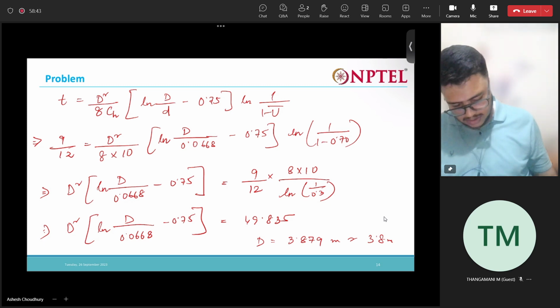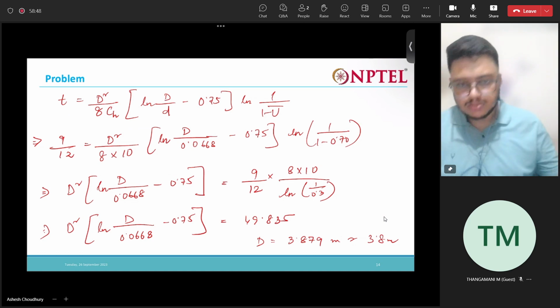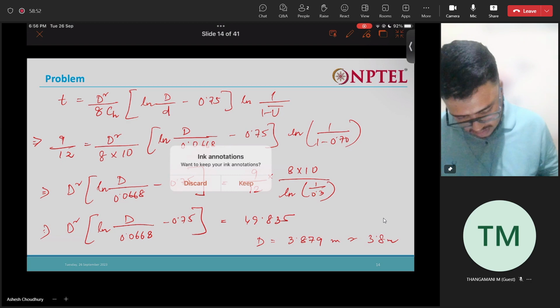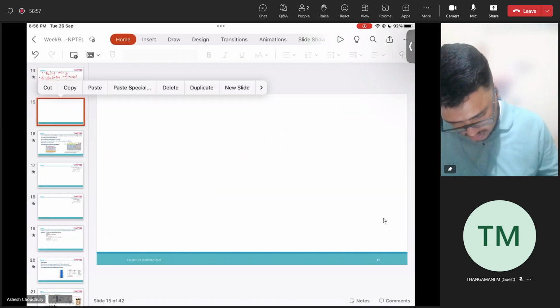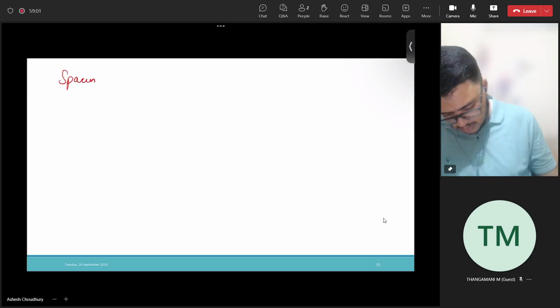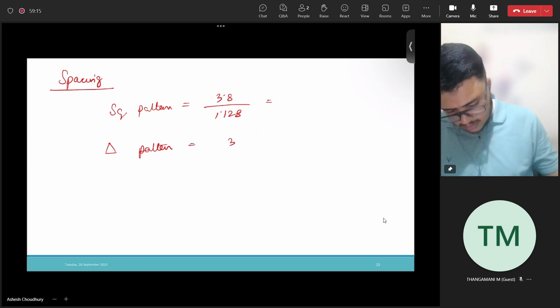So spacing we determine. If you are using a square pattern, then 3.8 by 1.128, and if a triangular pattern, if you are using, right?